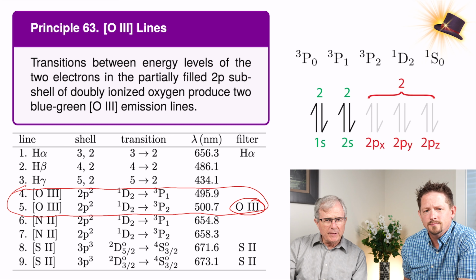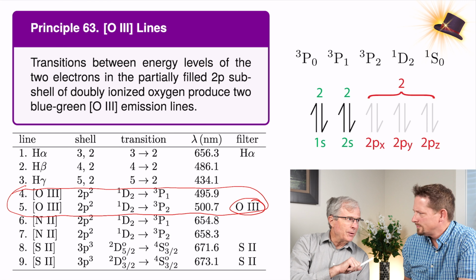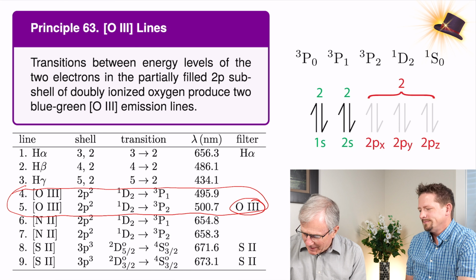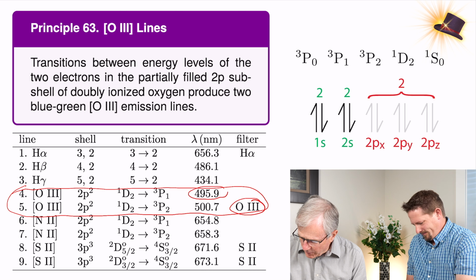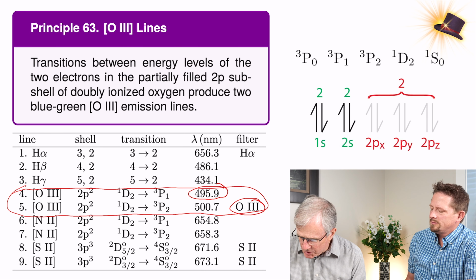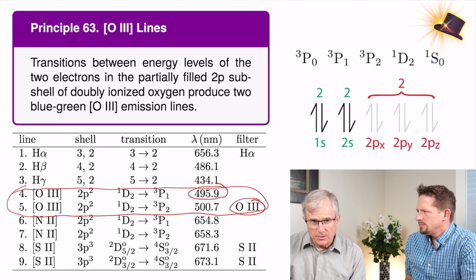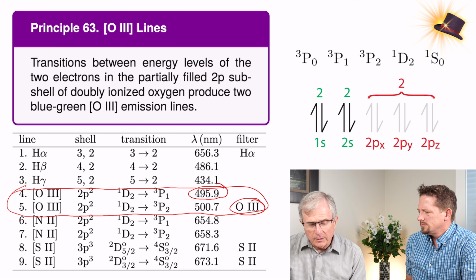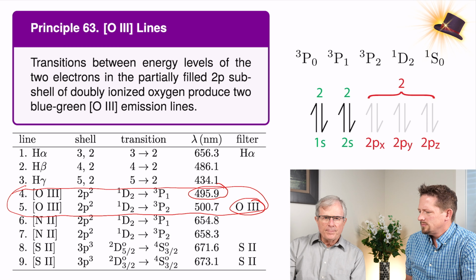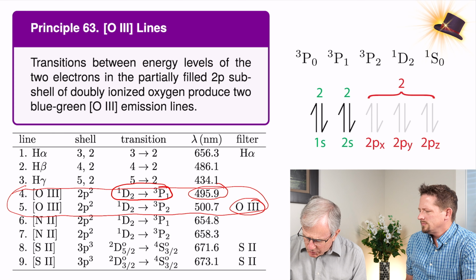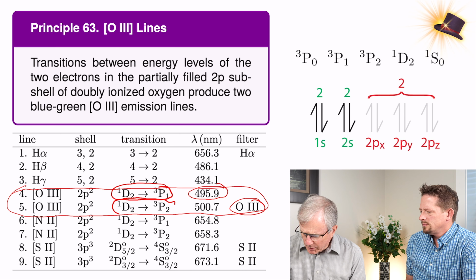It's located at 500.7 nanometers in standard air. The one that's a little bit weaker is generally not targeted by oxygen 3 filters. It's at a wavelength of 495.9 nanometers. And these are the actual transitions that produce the 2 lines.